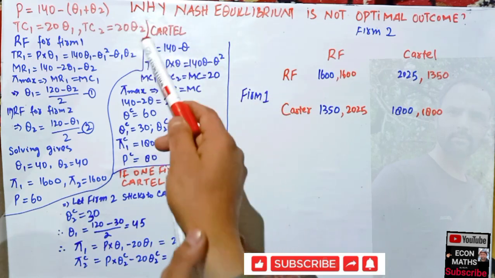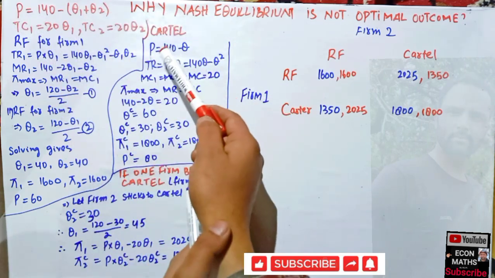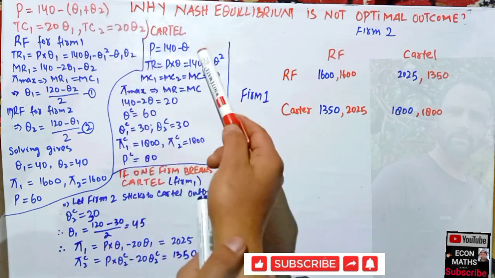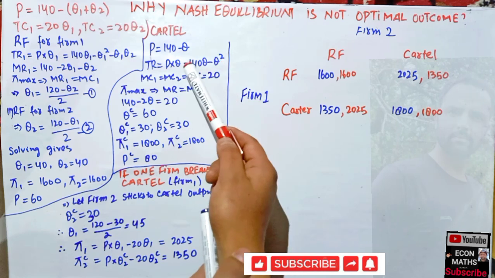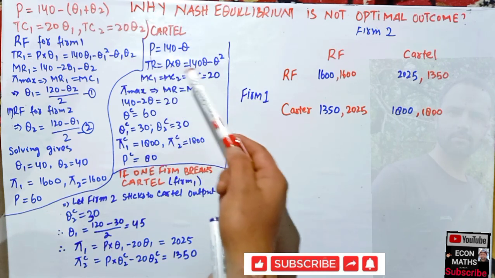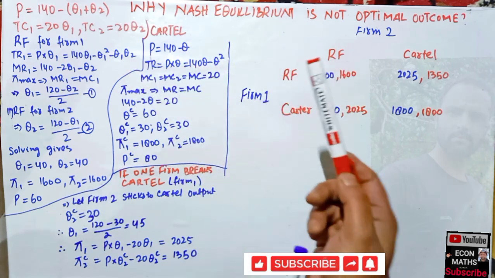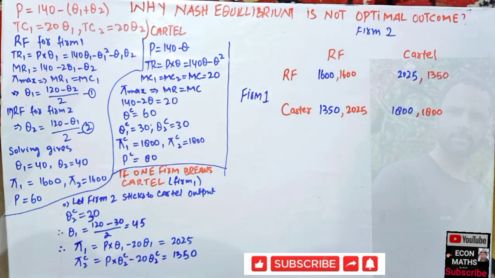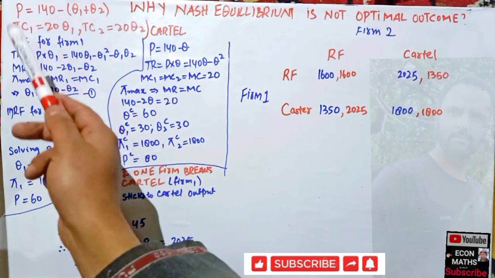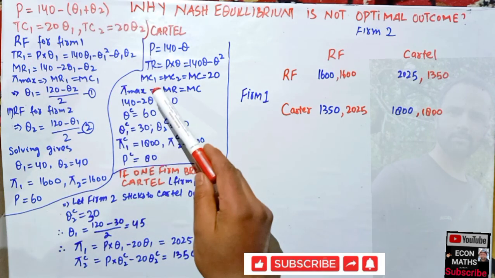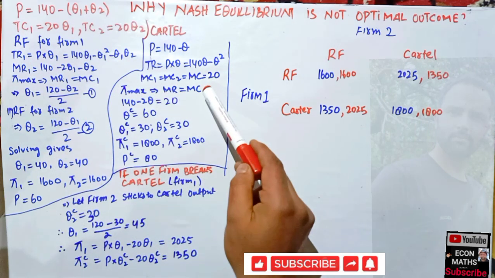In case of a cartel, total industry output will be q, where q1 plus q2 is equal to q. Total revenue is simply price into q, which comes out to be this. Since the marginal cost is the same for both firms, the marginal cost will be 20, the derivative of the total cost function of either firm. Profit maximization requires marginal revenue to be equal to marginal cost.